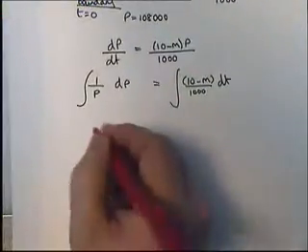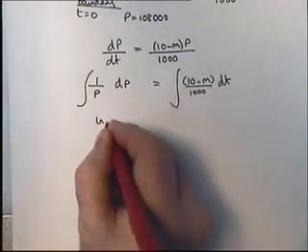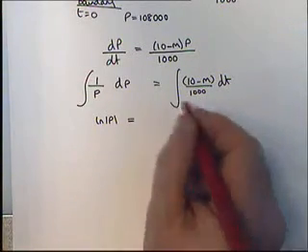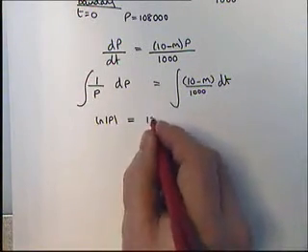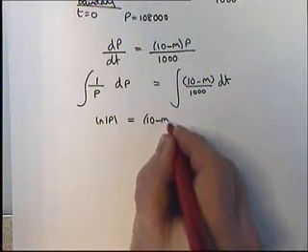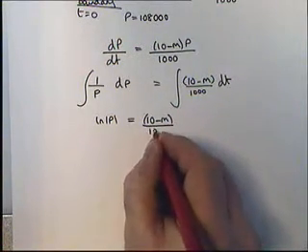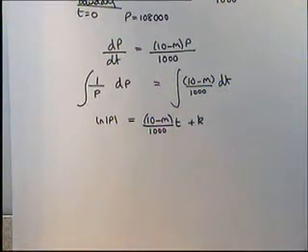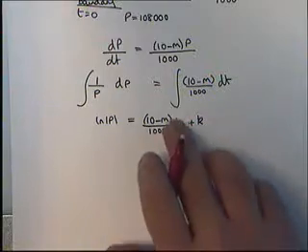So now we're going to integrate. Well, we integrate the left hand side with respect to P, and we get the natural log of P, and you integrate the right hand side with respect to time, and you get 10 minus M over 1,000 times by time plus a constant. And that's my point about the right hand side being easy to integrate, because it's all a constant.